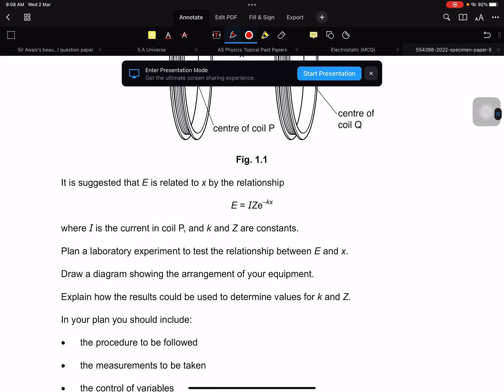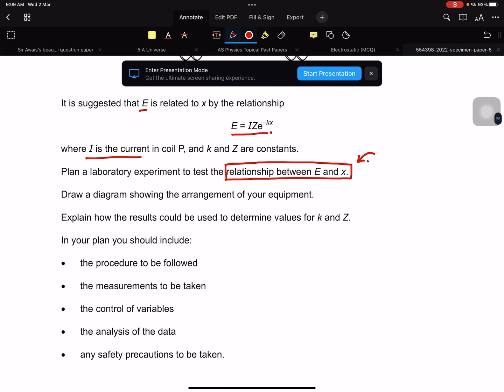Now they say it is suggested that E is related to X by this relationship, where I is the current, K and Z are constants. Plan a laboratory experiment to test the relationship between E and X. The moment you see this, you should remember that this is the question about these two, and then explain how results could be used to determine the value of K and Z.